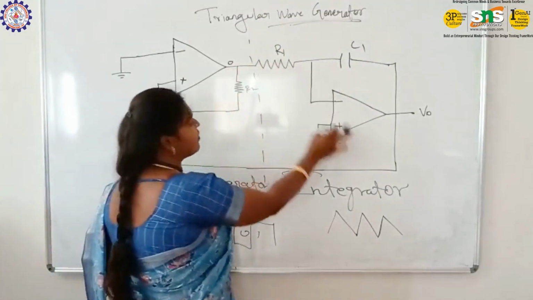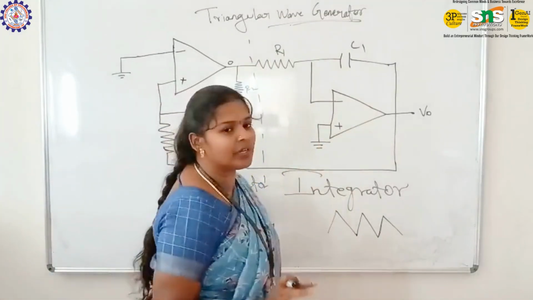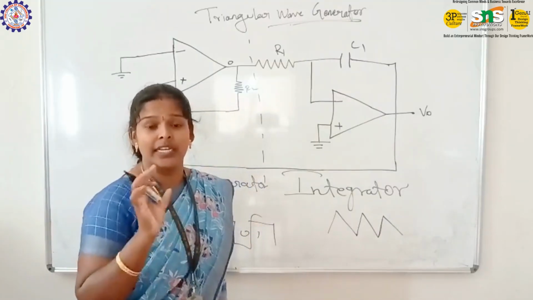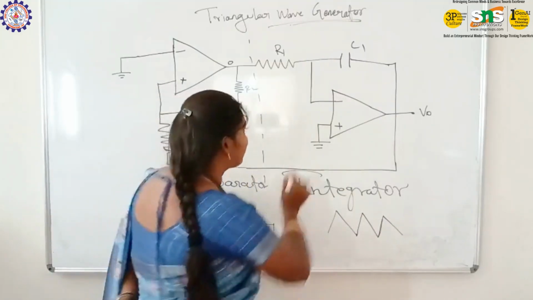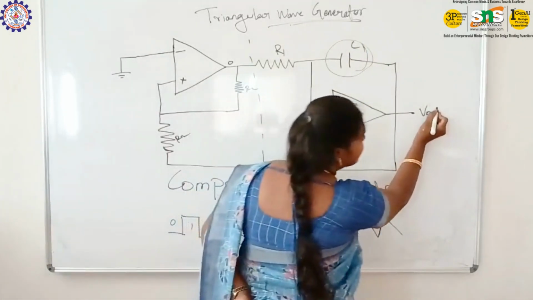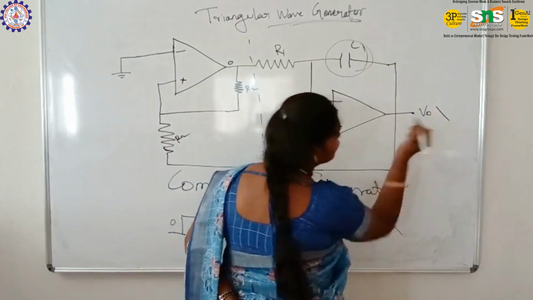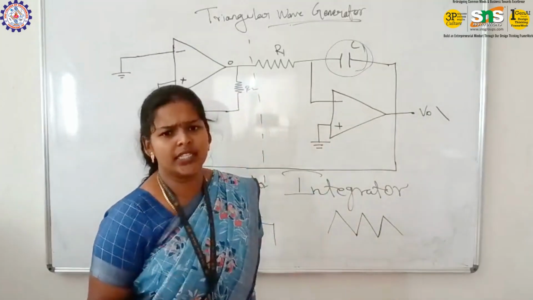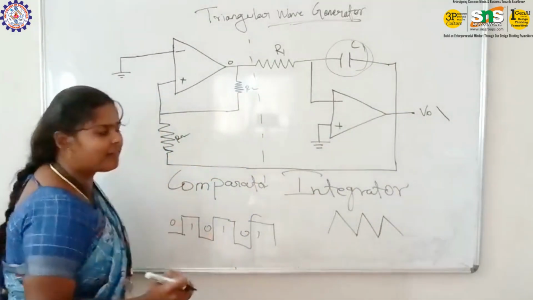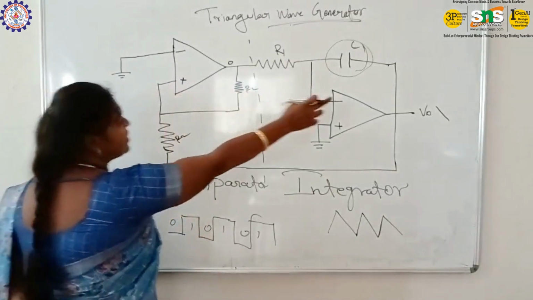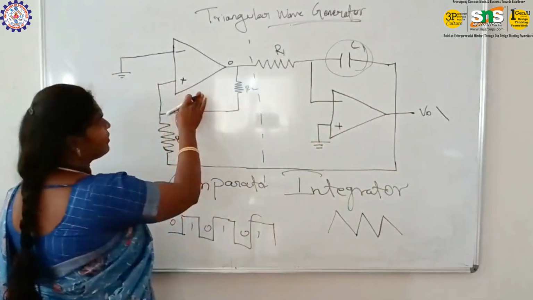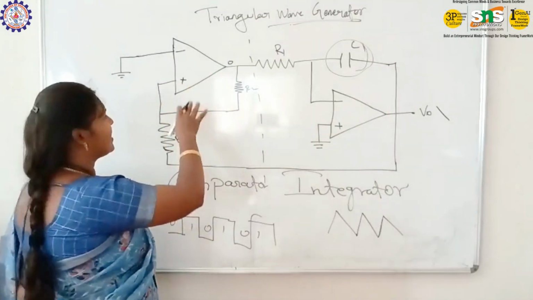This 0 is given to the integrator circuit, so the integrator starts the integration process. In that process, the capacitor will discharge the value. After that, this discharging signal is given to the first block of the circuit as an input.